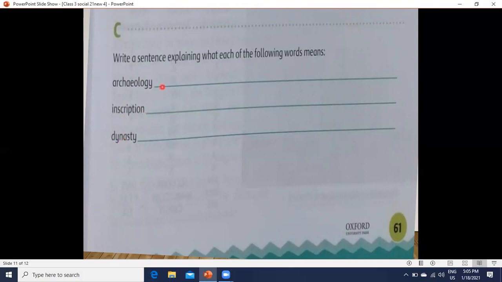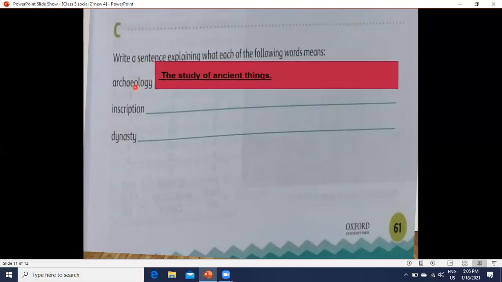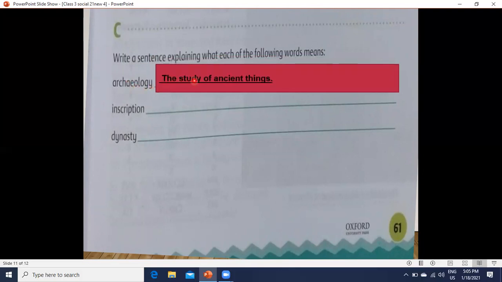So what are the meanings of these words? Number one is archaeology. Archaeology means the study of ancient things. Okay, this is called archaeology.